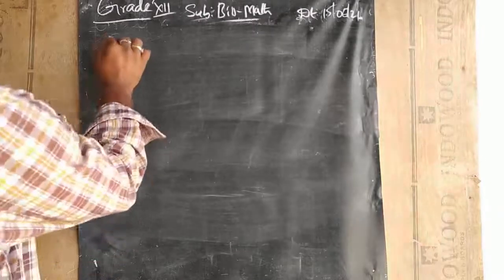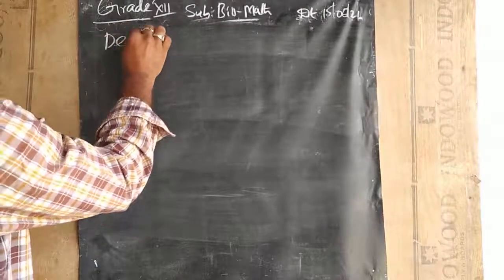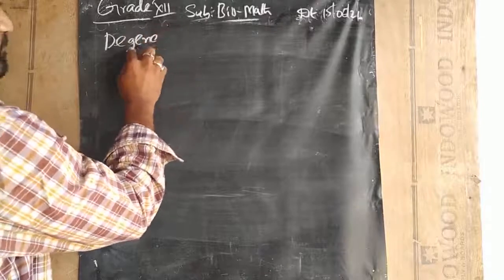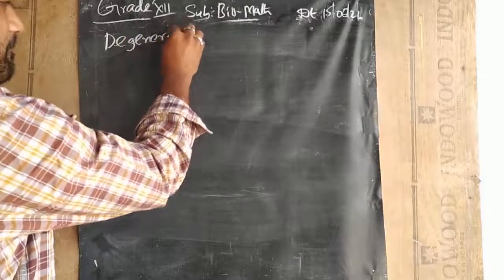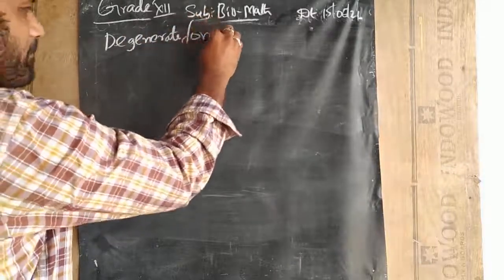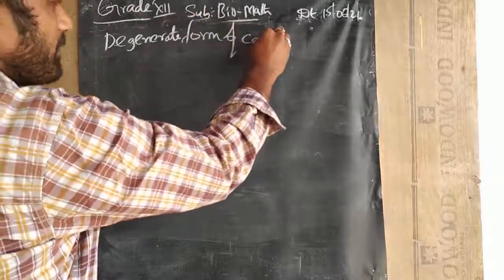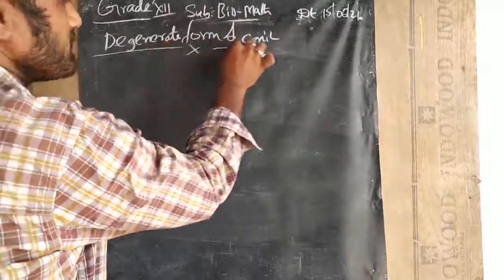Next, we will talk about the degenerate form of conic sections.